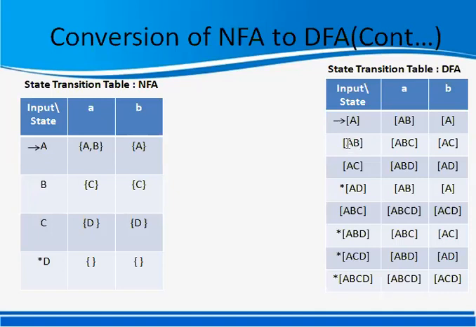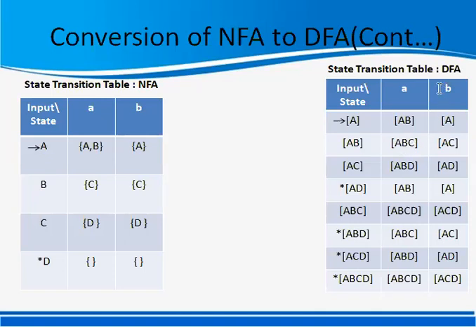So from state AB on input small a, we will use the table for NFA and we will take the union of AB on input small a. So it will give ABC. So we have written here ABC, and here ABC represents a single state.